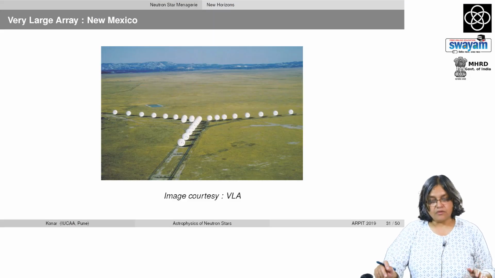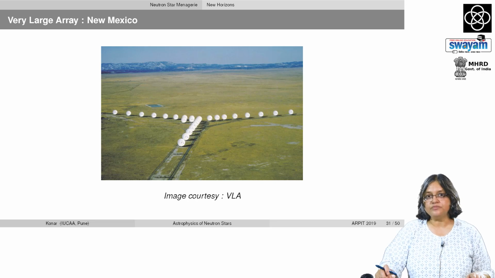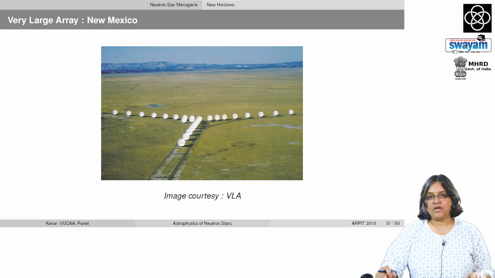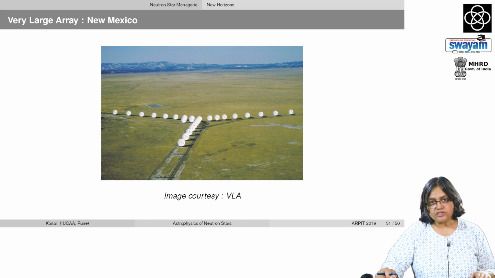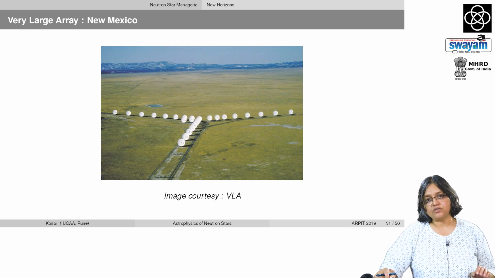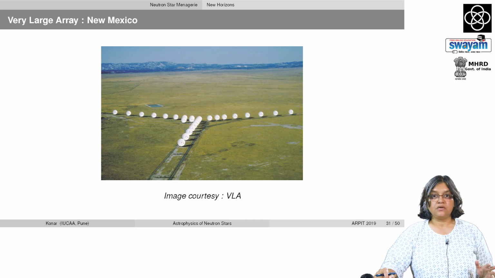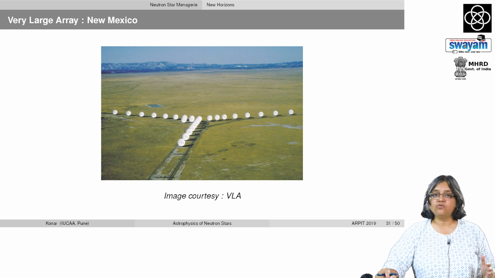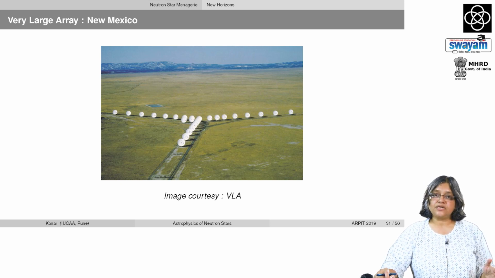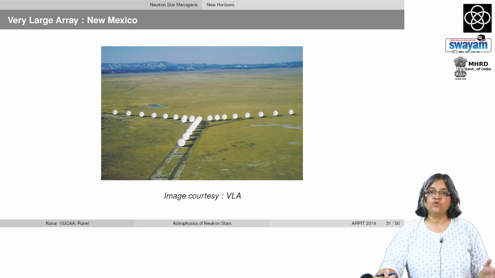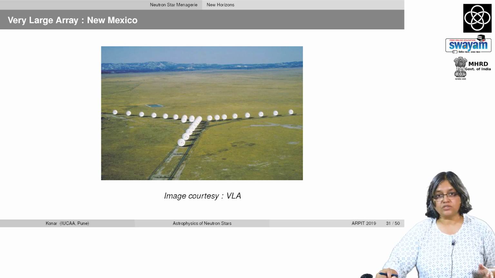Now, there are very large telescopes which have been used to do astrophysical studies of neutron stars, and these are essential for studies of neutron stars, because please remember, neutron stars are very small objects, the dimension is only 10 kilometers. So, if you want to see what is happening near the neutron star, or processes that are happening very close to the surface, we need extremely high angular resolution.